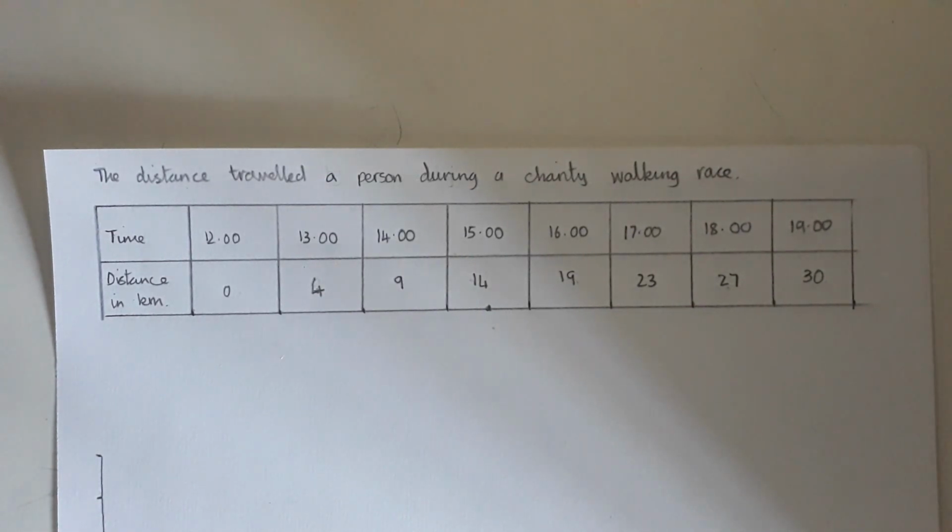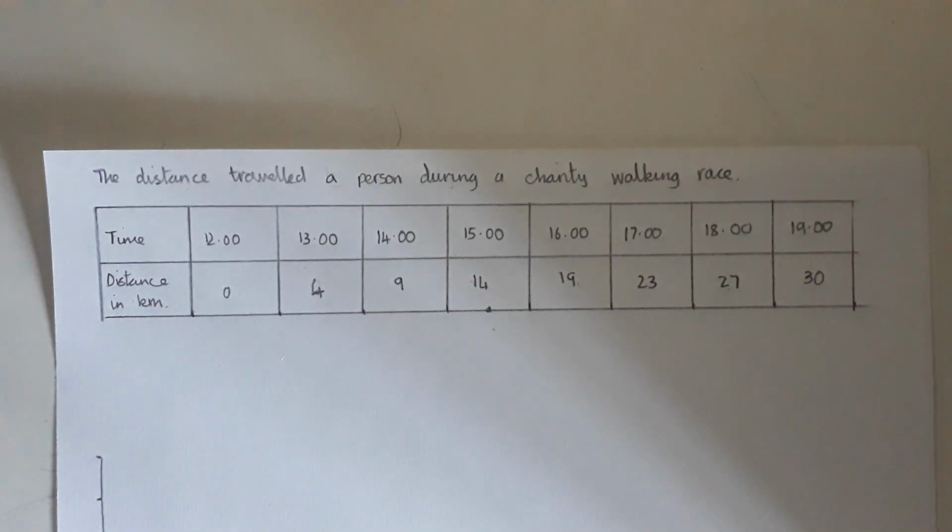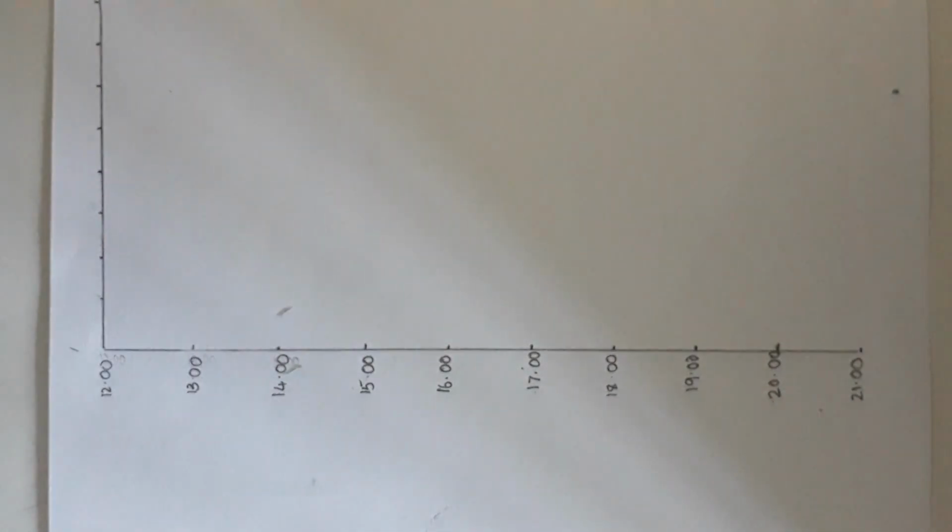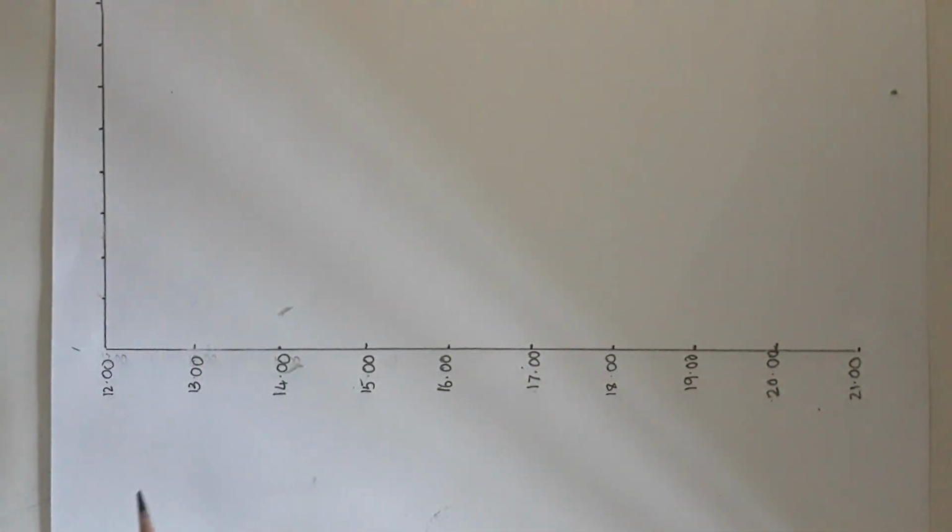So do that now. So the x-axis now looks like this, and I've continued going up even though our data stops at 1900 hours. I've continued going up to 20 and 21, and I'll explain why later.